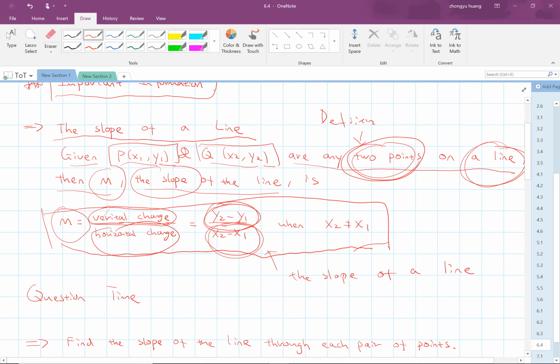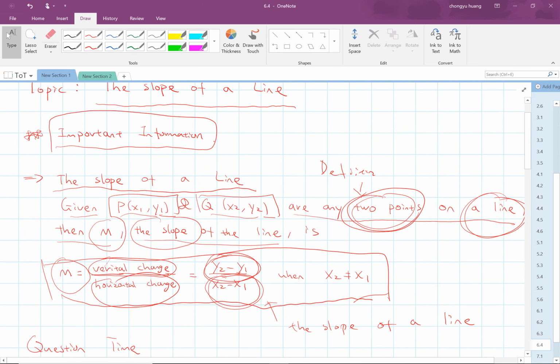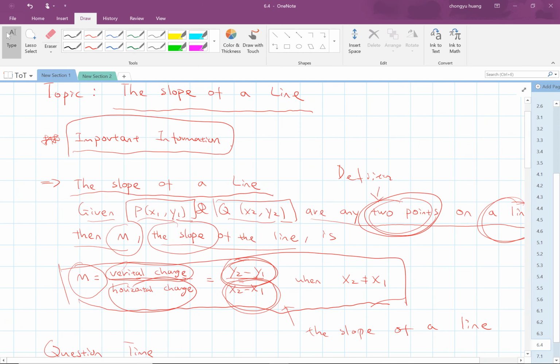Keep in mind that this information is really important, so make sure you memorize the equation for how you calculate a slope. This is the only really important information if we want to find the slope of a line.